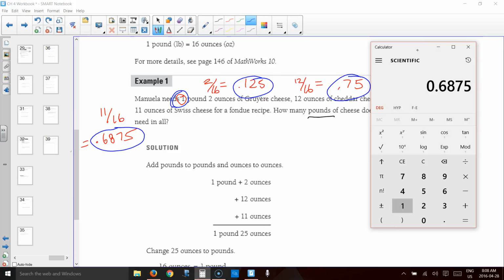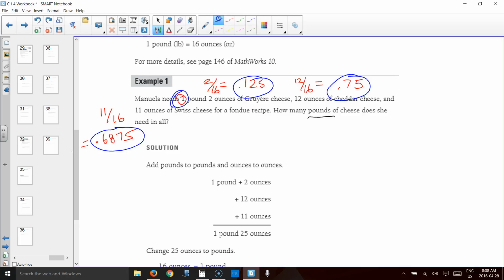So 1 pound plus 0.125 pounds plus 0.75 pounds plus 0.6875 pounds is, surprise, 2.5625 again. So in total, we have 2.5625 pounds, which we can round to roughly 2.56 pounds. There it is.